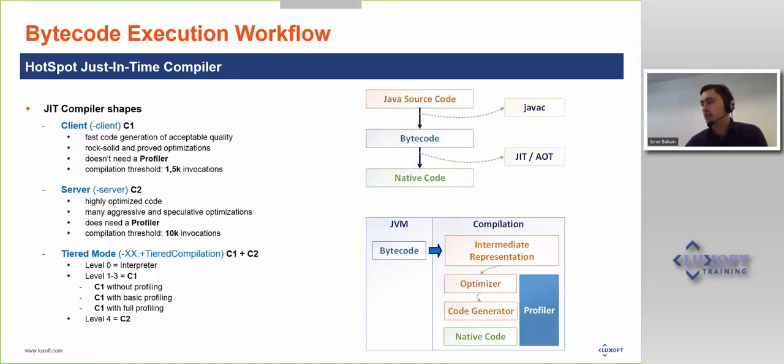The things are a little more complicated, and I won't go into too many details, but just for your information, the bytecode is translated into an intermediate representation in static single assignment form, which is a normalized form. Based on that form, it is optimized and the code is generated. This is how it works during runtime.